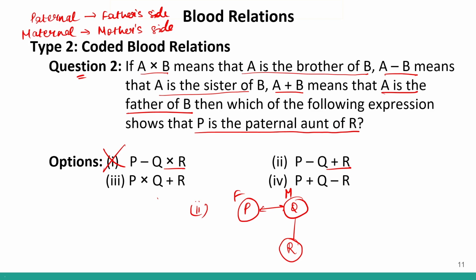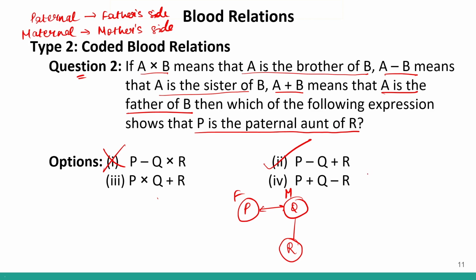R's gender is unknown. So in this particular case, is P the paternal aunt of R? Definitely, because P is from the father's side. P is the sibling of Q, the father of R. So in this particular expression, we can say that P is the paternal aunt of R. So option number 2 will be the correct answer.